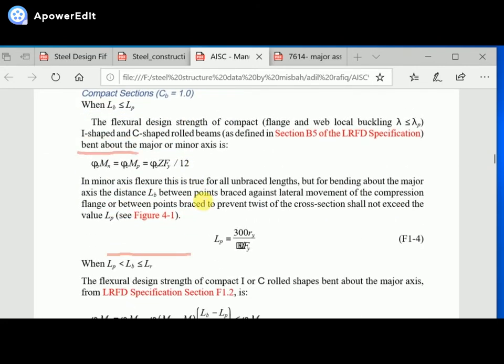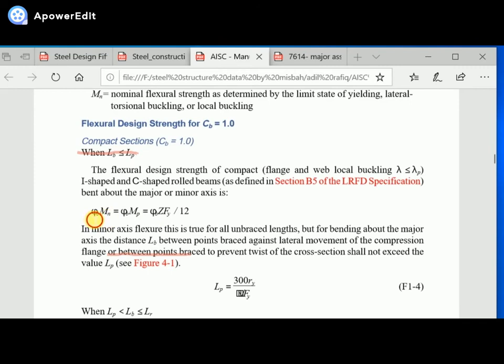The strength of the section will be determined from this formula: phi b, which is the reduction factor, MP, which is equal to Z into Fy divided by 12 to convert it into feet, okay.